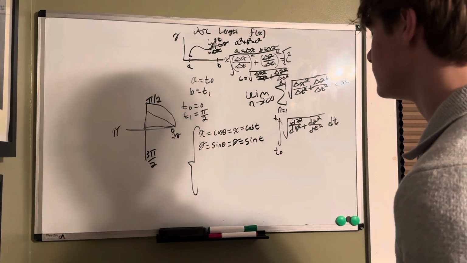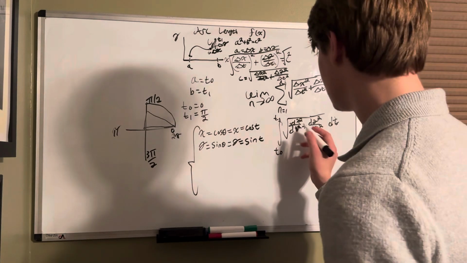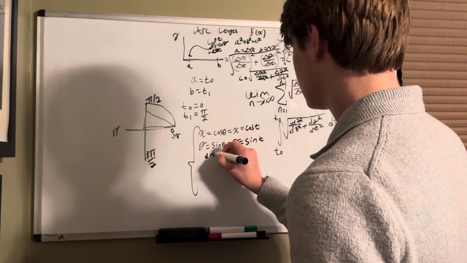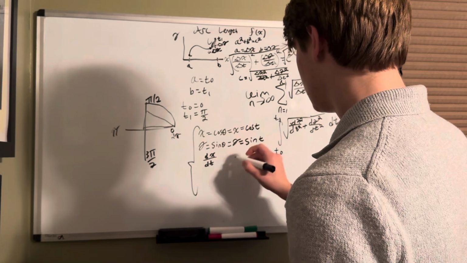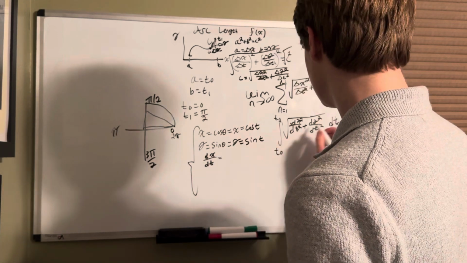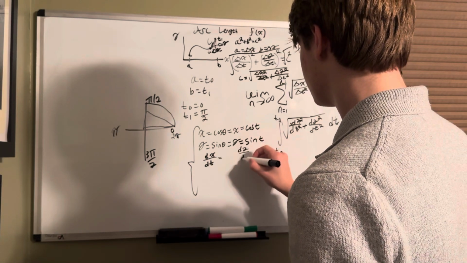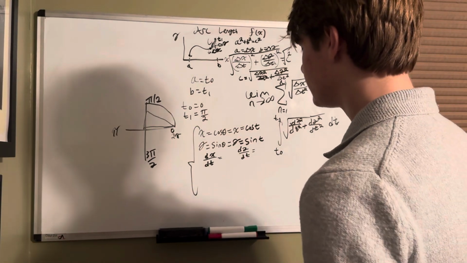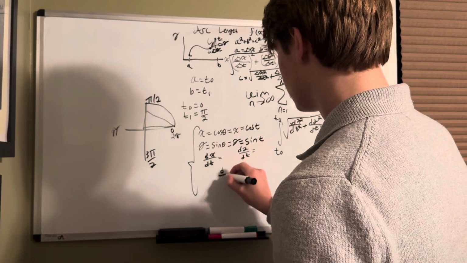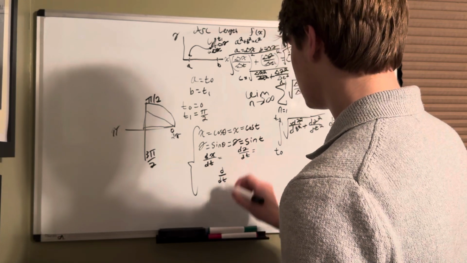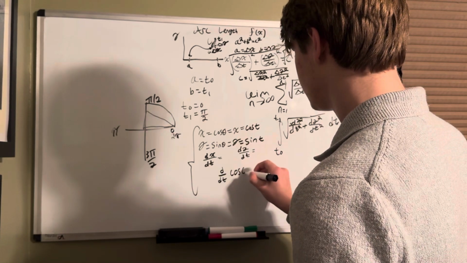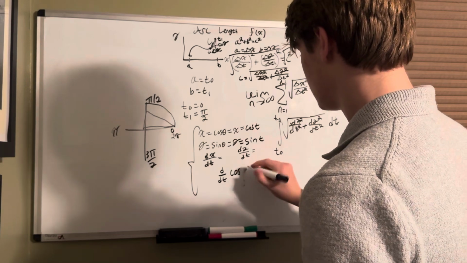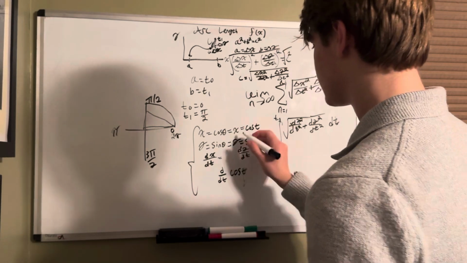And now what I can do is take the derivative, because we have dx over dt, which we don't know yet, and dy over dt, which we don't know yet. Now dx over dt is simply d over dt of the cosine of t, because that's equivalent to x.